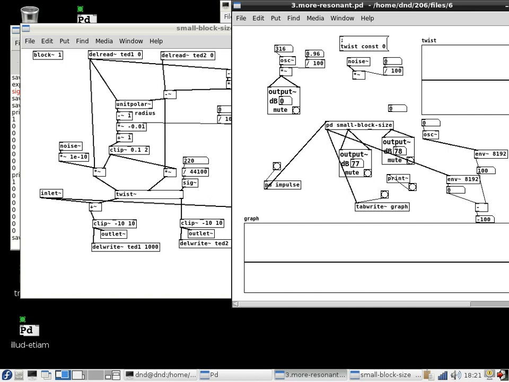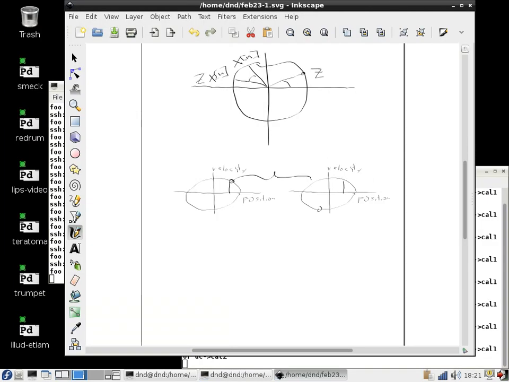And there are bunches of ways of doing this. So what I'm going to do first off is just make them bounce off each other. And the way you make springs bounce off each other, and here I need a picture again, is you do this.